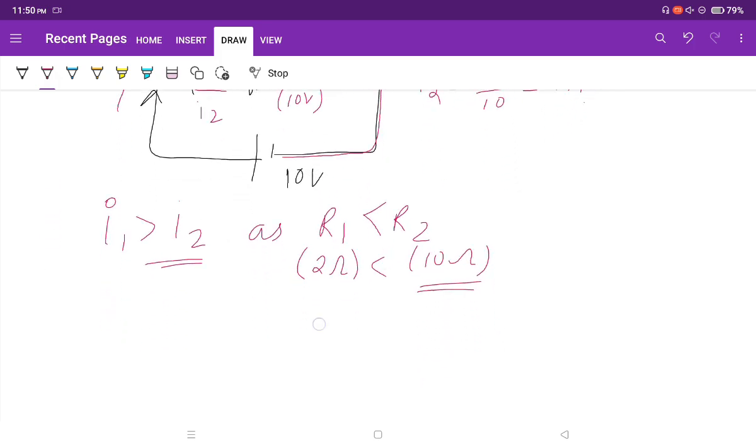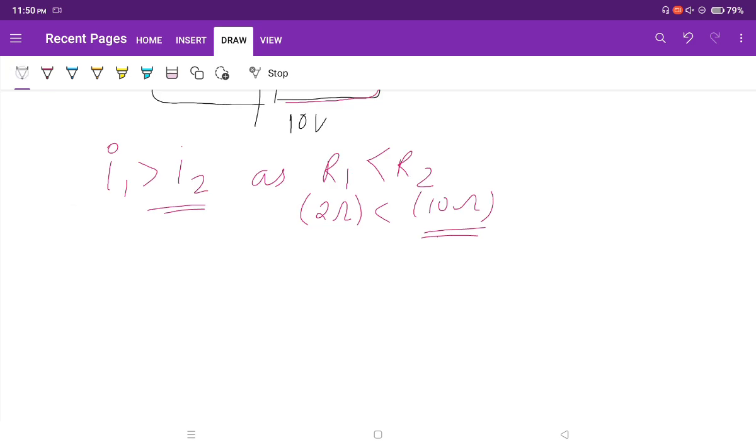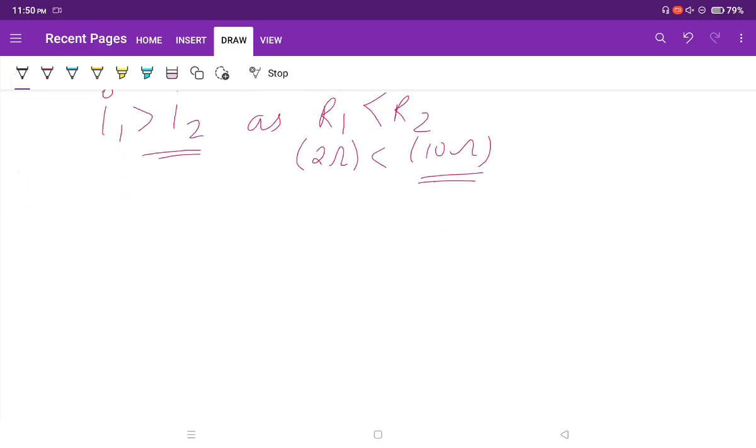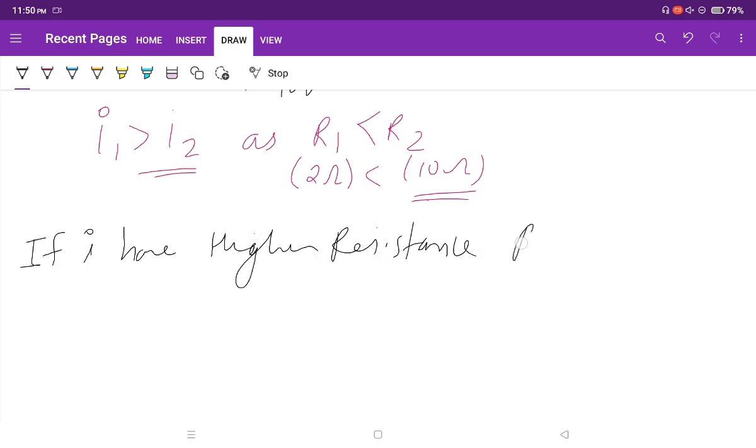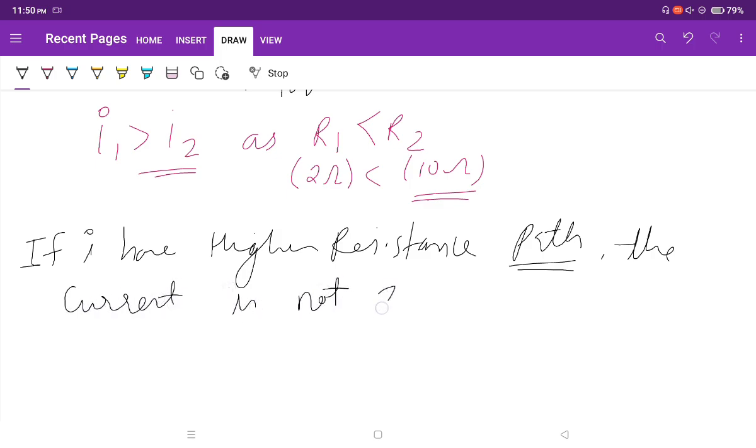Now let's see something interesting. If I have a higher resistance path, the current in that path is not zero.